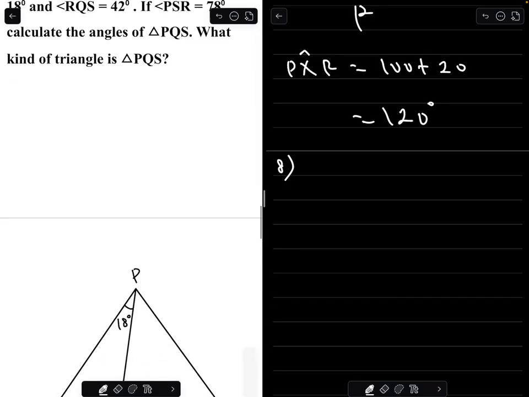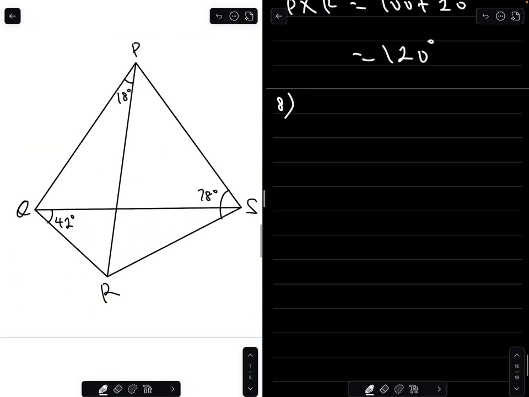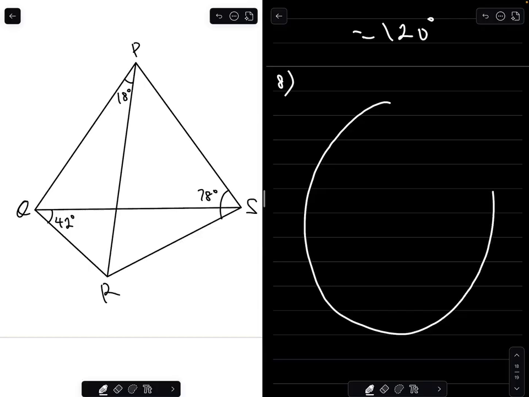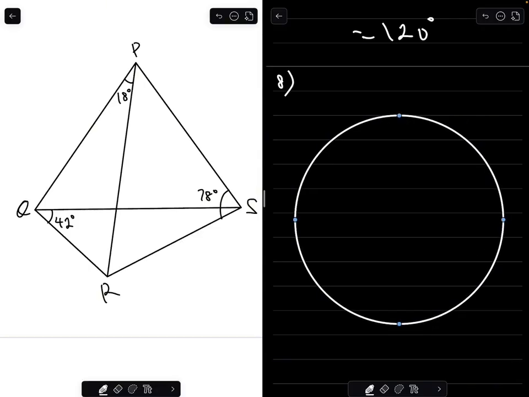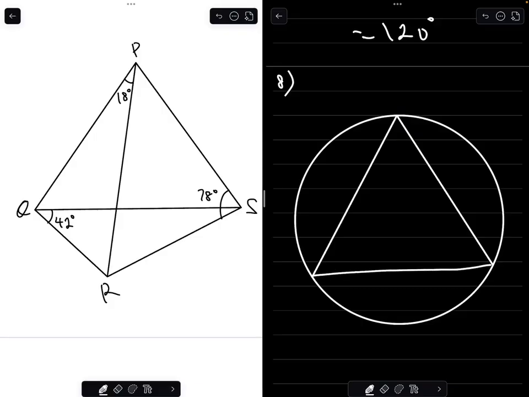Okay, PQRS is a cyclic quadrilateral. Let's have a shape. Now let's put the quadrilateral inside it. Let's draw the diagram.